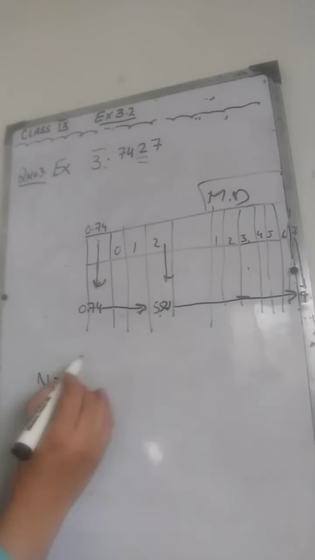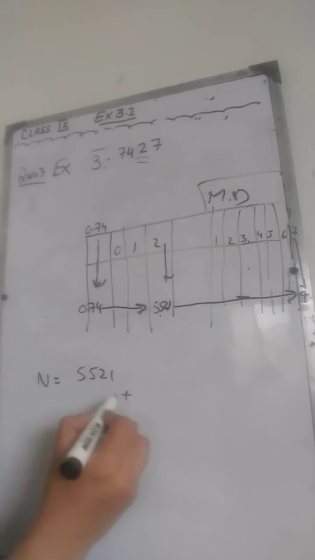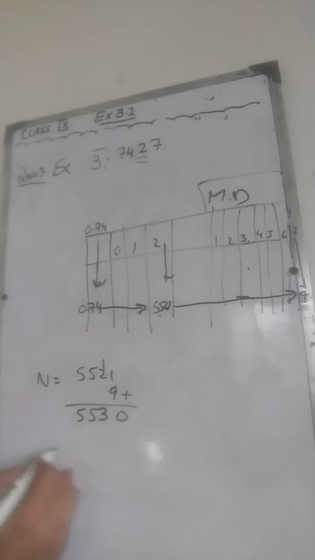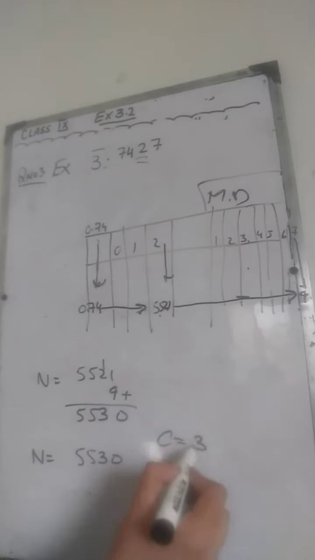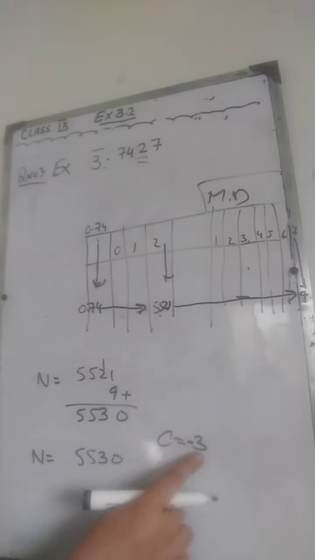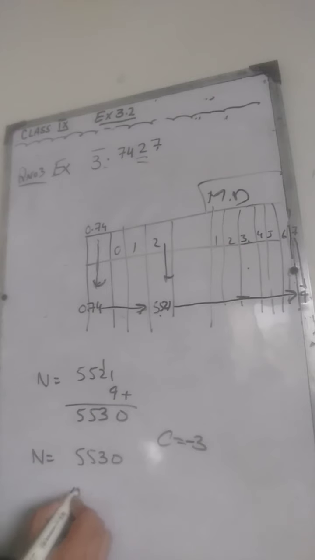The number will be 5521 plus 9, adding these numbers. As the characteristic is -3, the number of zeros will always be 1 less than this number. So here it is -3, we are going to put 2 zeros and then put the number and put a decimal point over here. This will give us the number.